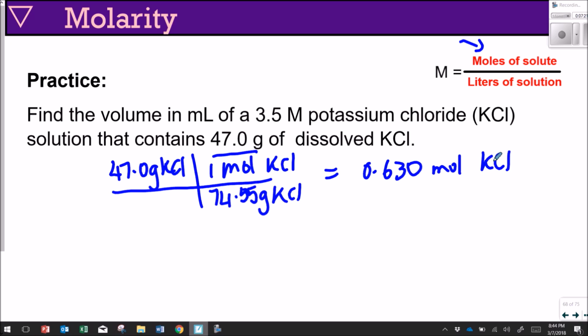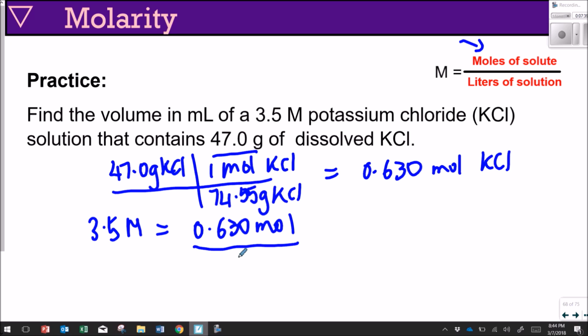Now I can plug it into my formula to find the volume. So I'm going to say molarity, which is 3.5 molar, equals the moles, 0.630 moles, divided by the liters. I don't have the volume, so I'll put X here. So I can solve for X. So I can say that 3.5 X equals 0.630.